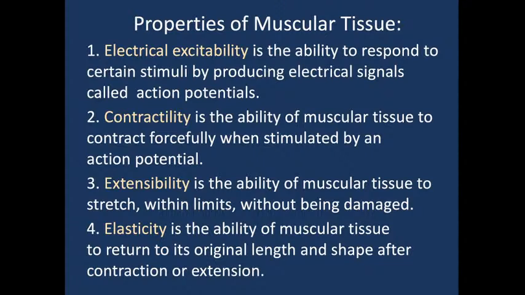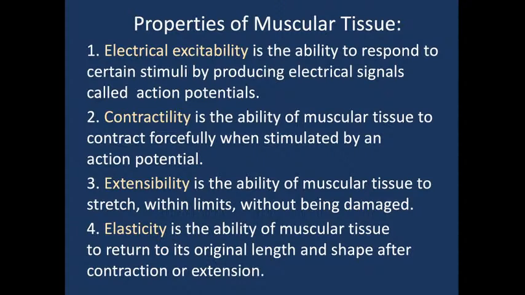The second property is contractility. It is the ability of muscular tissue to contract forcefully when it is stimulated by an action potential coming to the muscles from outside, from the nerve tissue.